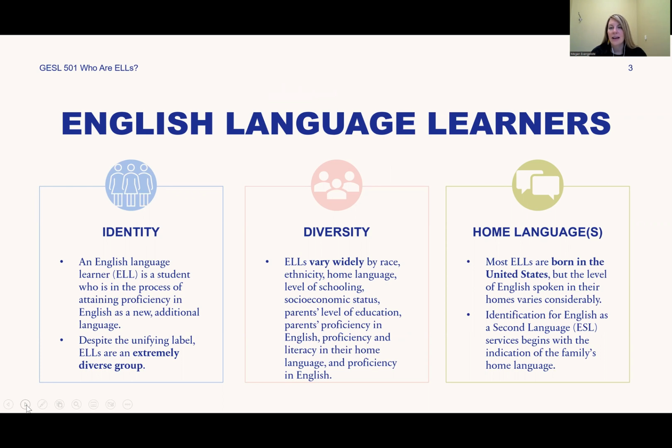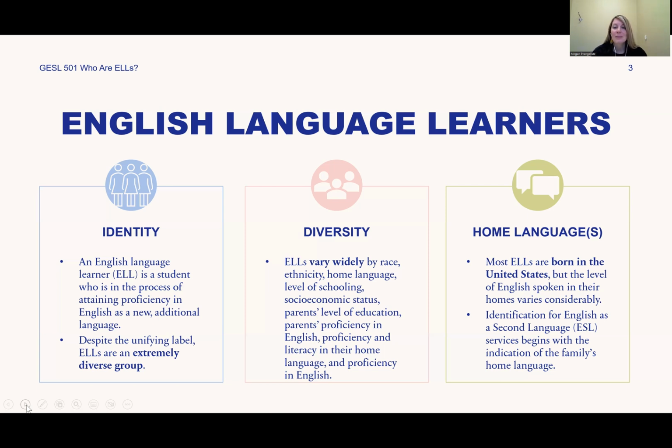So you'll see within our field, we're moving away from ESL, English as a second language, as an acronym, because we want to be true to our students' stories and observe that they're learning English as a new language. It may be their third or fourth or fifth language that they're learning.